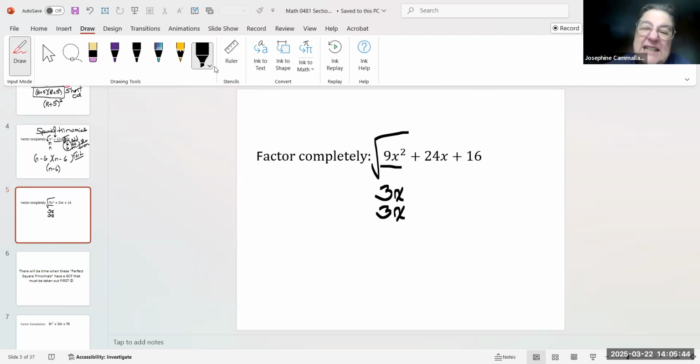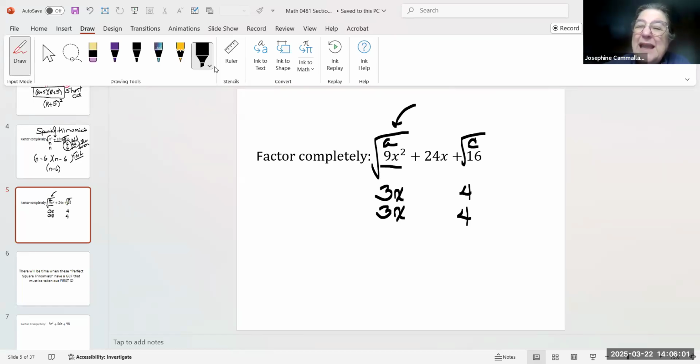If I take 16, this is 4 times 4. Well, remember, this is my a term. This is my c term.